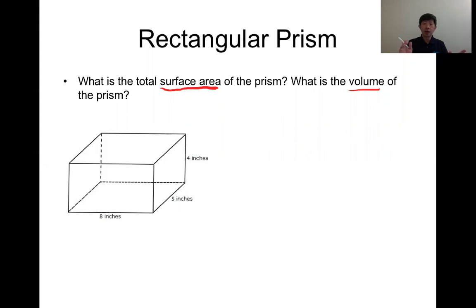So let's find out what the surface area is first, okay? If you have a problem like this, first of all, we have to fill in the information. This is 8, so that will be 8 for this. And this is 8 inch. This is 8 inch.